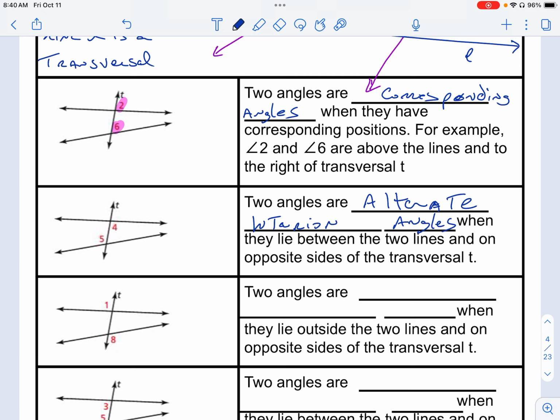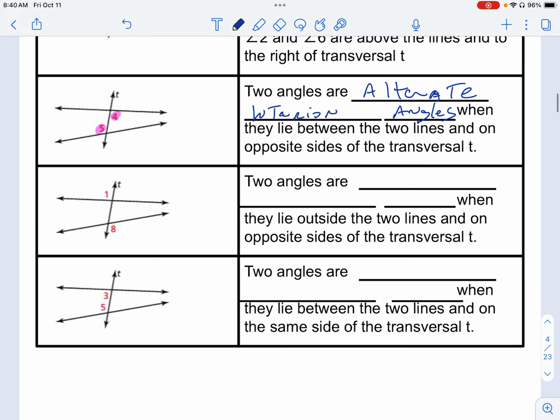Interior means inside, so change sides between the lines. Then we have alternate exterior angles. They are alternate, they change sides of the transversal. Exterior means outside, so outside the lines, changing sides of the transversal.